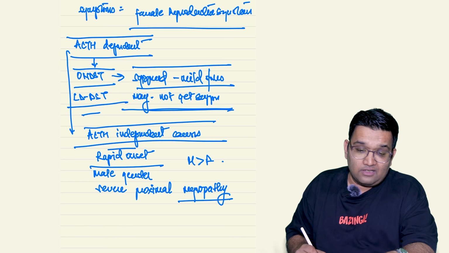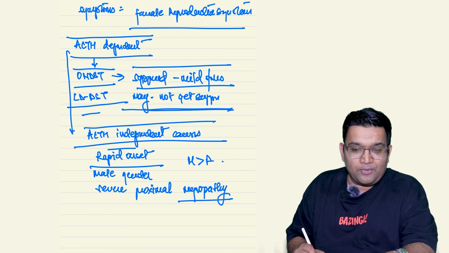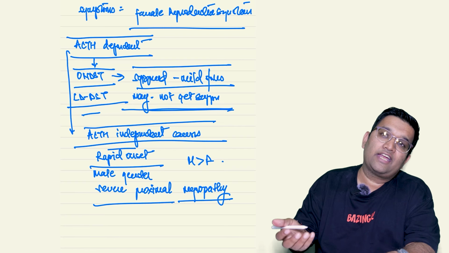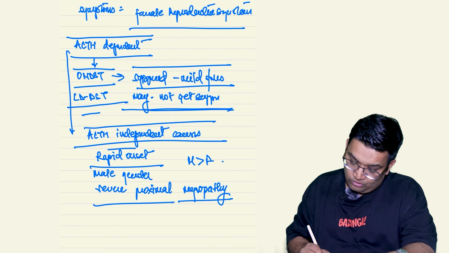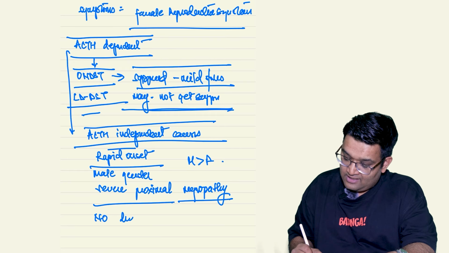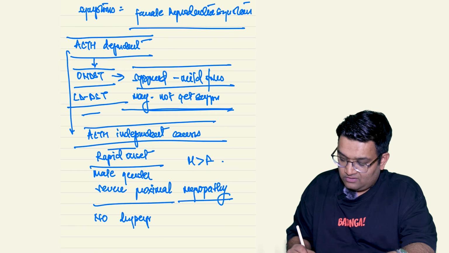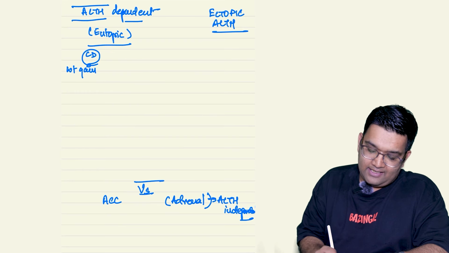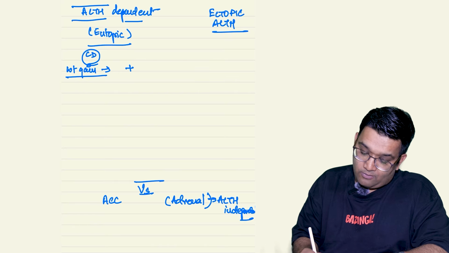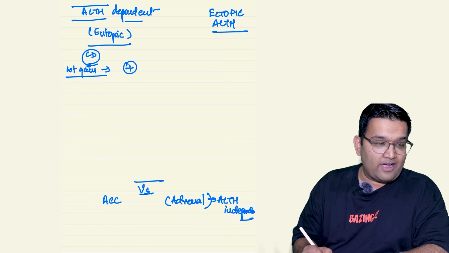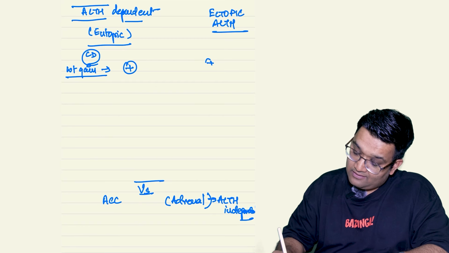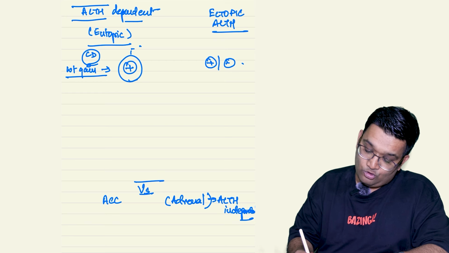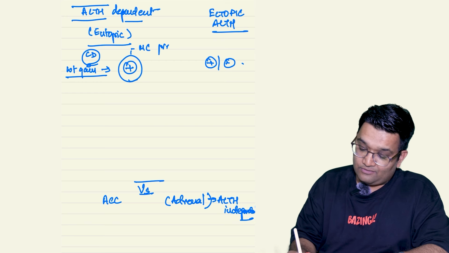It can have some hyperpigmentation, but never the kind of hyperpigmentation that you will get in ACTH dependence. So no hyperpigmentation is the thing we need to keep in mind. In case of eutopic disease, while it may not be present to that extent, weight gain can be the most common presenting sign or symptom.